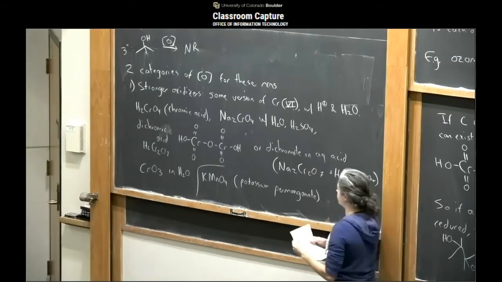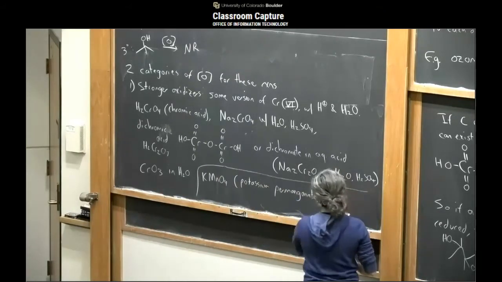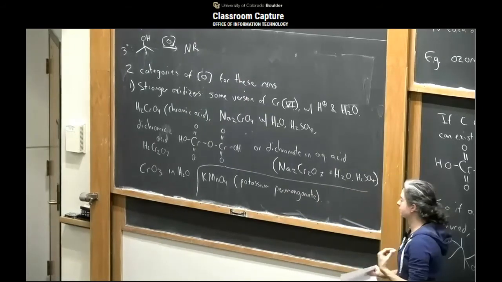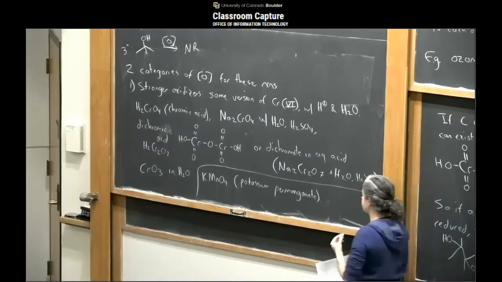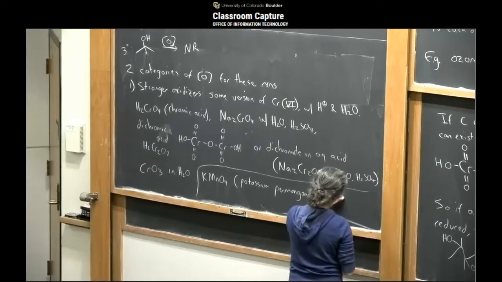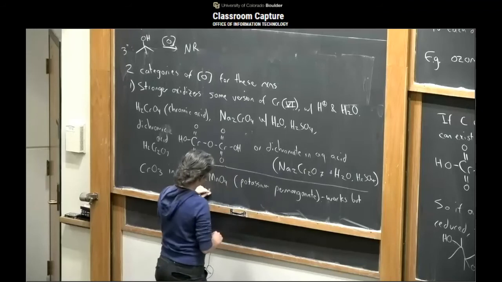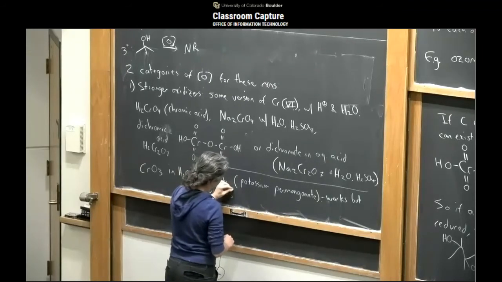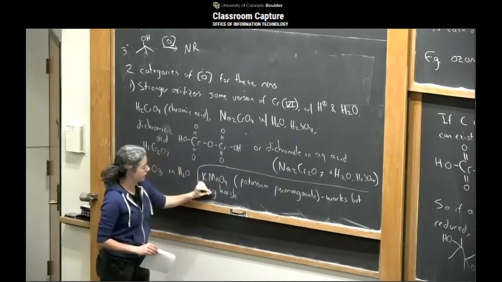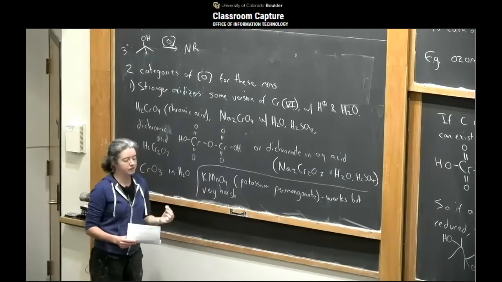The downside to this one is it works, but it also does some weird side reactions that will sometimes screw up other groups in your molecule, especially alkenes. So you might see, especially in older textbooks, that use this one, but probably to be avoided if you can.